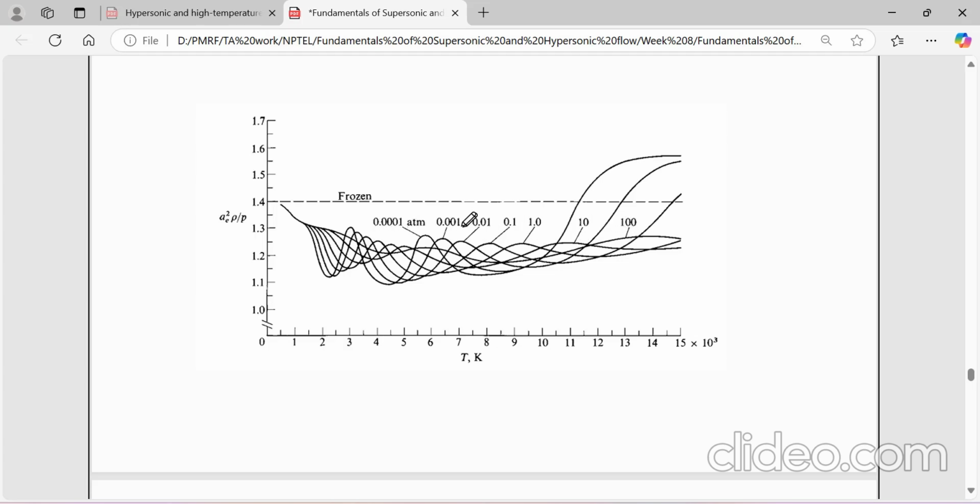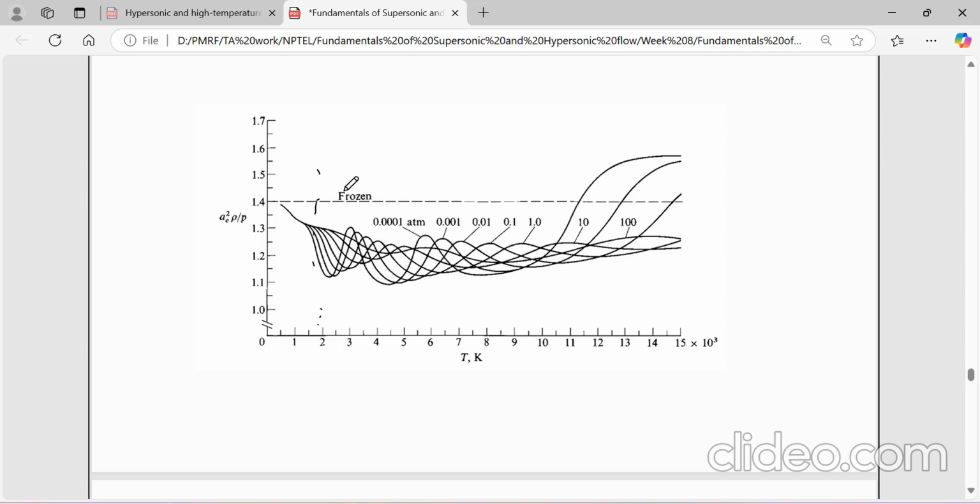These different values of pressure, these plots are given, and the value will vary. You can see that at this point this value is 1.4, and for this curve it is 1.3. So this is a very big difference. So that's why there is a very big difference in speed of sound for equilibrium flow and frozen flow.